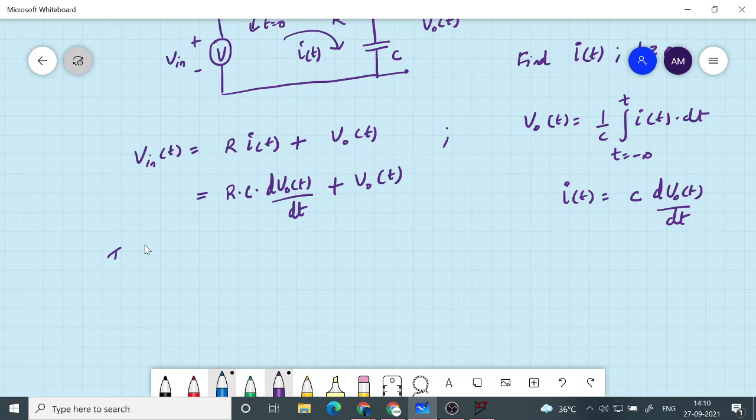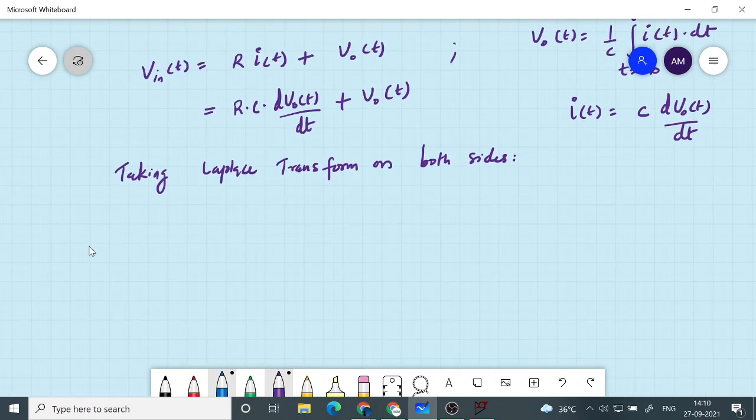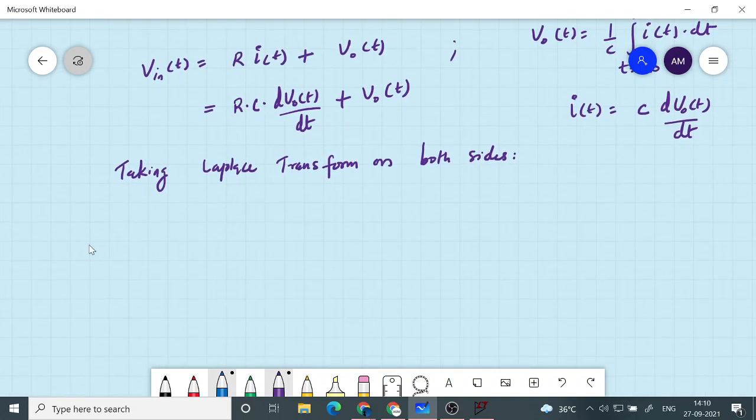So taking Laplace transform on both sides. So Laplace transform is a very good tool to solve differential equations. Otherwise it will become more complicated. This is an easier method.